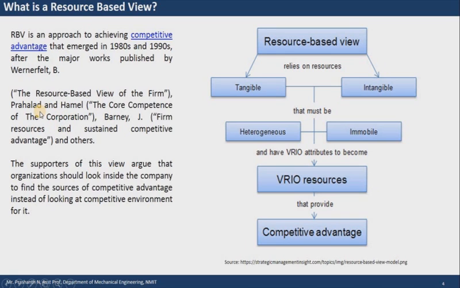You have Prahalad and Hamel, who have their own ideas on the core competence of the corporation. Barney basically wrote on firm resources and sustained competitive advantage, and others. All these people are proponents, the people who support the idea of resource-based view. They have done a lot of work on this. That is how this idea of resource-based view has evolved over a period of time.